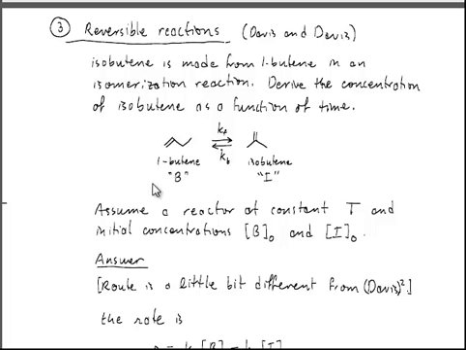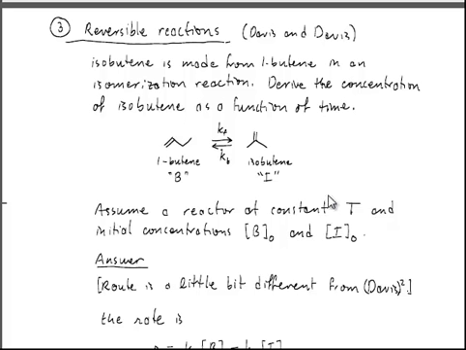Our reactant B is 1-butene, and it goes forward with a rate constant Kf to make isobutene, which can back react with a rate constant Kb to give us back the 1-butene. Okay, so we've got B and I as the reactant and product respectively. And this reaction we're going to treat as reversible.